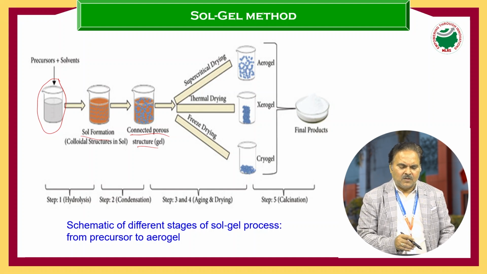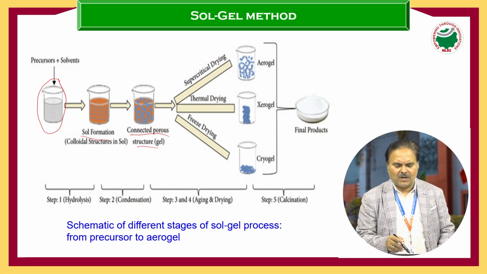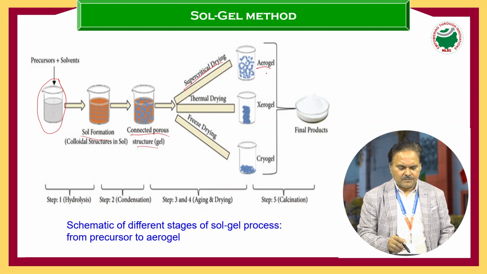So that gel you take out for supercritical drying. If you just use filter paper, it will be okay to eliminate that solution. Then in that filter paper you will see the gel. If you use supercritical drying, then you will form the aerogel. That means a very small amount of heating, and you will get aerogel.